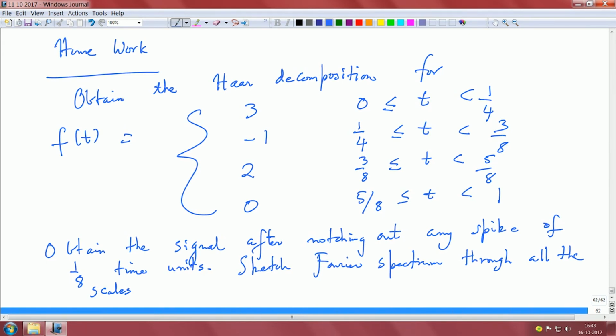So, null out this and then look at the frequency domain or the spectrum of the signal at each scale, and then analytically obtain what the reconstructed signal is, and in the frequency domain also interpret what your results are going to be. Okay. So, this completes the Haar wavelet decomposition as well as reconstruction.